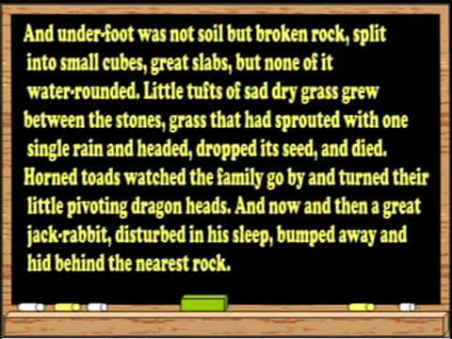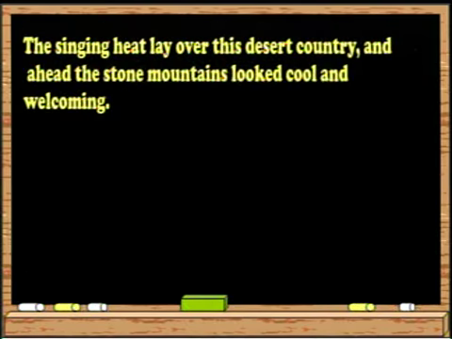Horned toads watched the family go by and turned their little pivoting dragon heads. And now and then a great jackrabbit, disturbed in his sleep, bumped away and hid behind the nearest rock. The singing heat lay over this desert country, and ahead the stone mountains looked cool and welcoming.